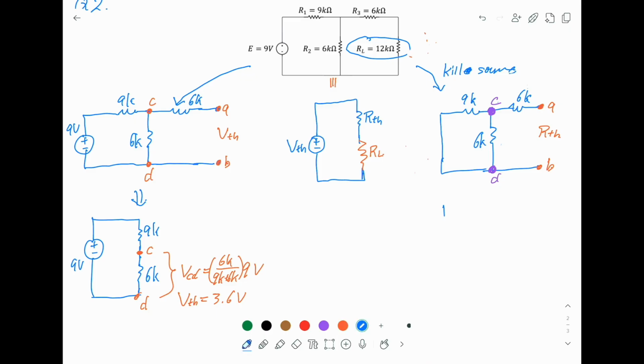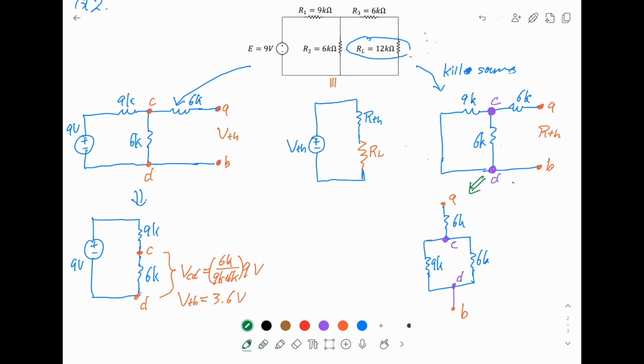This is 6K, and you have split this one into 2 paths. One is another 6K, this one is 9K, and they join here. So this is our C, this is our D, and this is A, and this is B. So these 2 circuits here are actually equivalent.